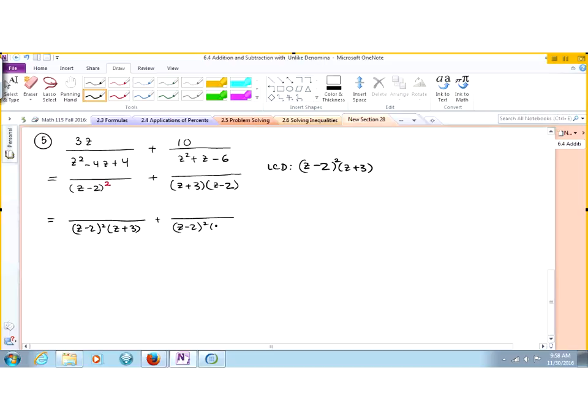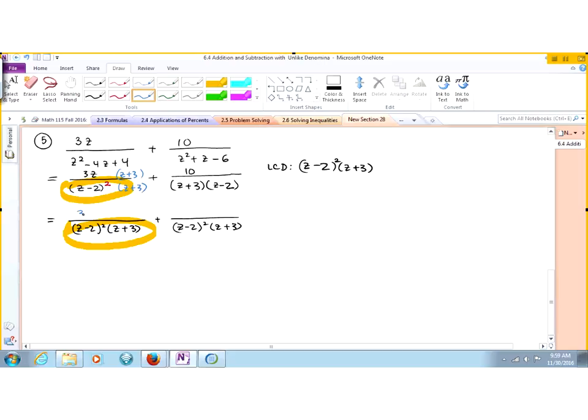This one is z minus 2 squared times z plus 3. Okay. Now, what am I doing next? Comparing this one and this one. What's missing? z plus 3? Okay. Top and bottom.